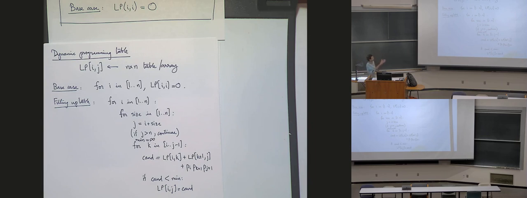Right? So you can implement it however you want. But the point is, you start with some value of the min, which is infinity, and then you go over all choices of k, and if your candidate is less than the minimum, then you update.